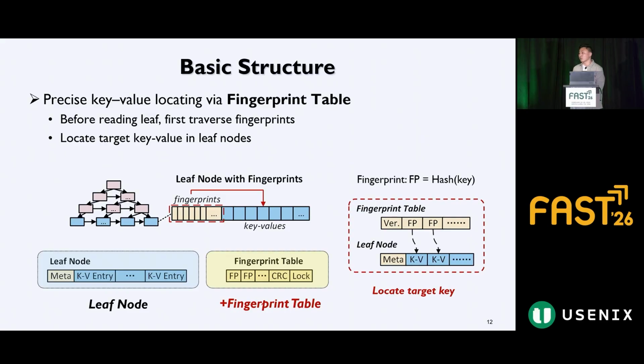When processing a request, the system first locates the target leaf and its corresponding fingerprint table. It then traverses the fingerprints to identify the target key and reads only the corresponding key-value entry. This approach avoids fetching the entire leaf node, thereby reducing bandwidth consumption, but obviously it incurs additional RDMA requests for key-value locating.